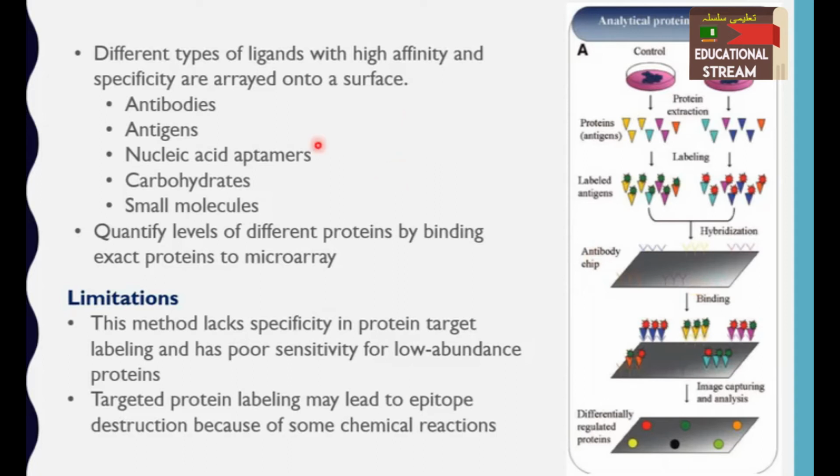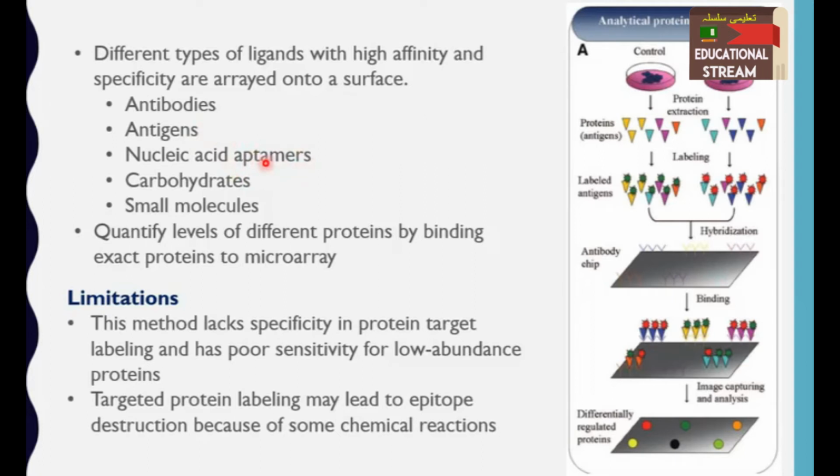Then there are different kinds of ligands which are used for analytical protein assays, which have high affinity and specificity for the antibodies which are arrayed onto the surface. These different kinds of ligands could be antibodies or antigens, or they could be nucleic acid aptamers.